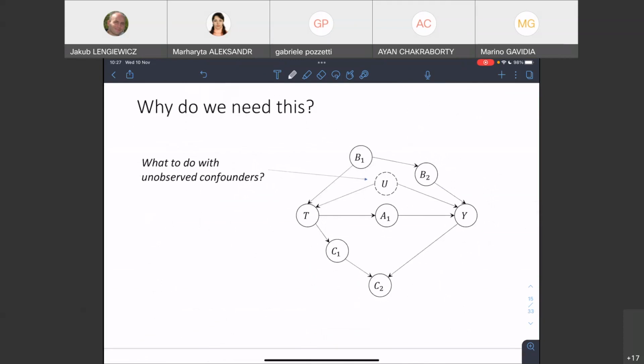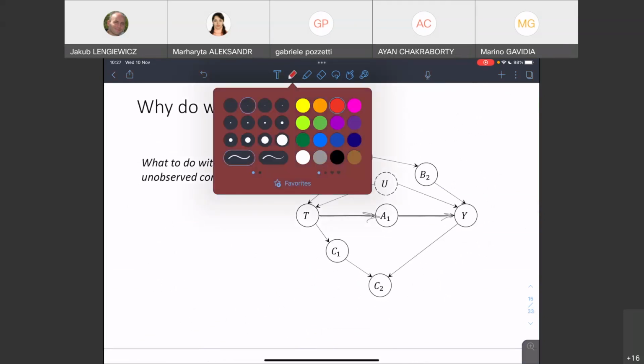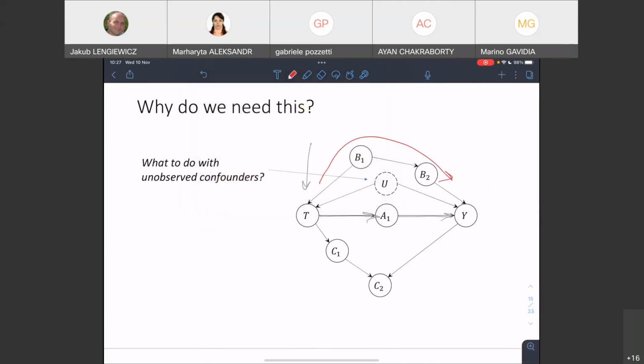And the answer is very straightforward, because when we are talking about graphs, the causal relationship follows the directed paths. And when we are following non-directed paths, this is the spurious association. And we said that we want to somehow separate the two. And our tool to do that will be to block non-directed paths.